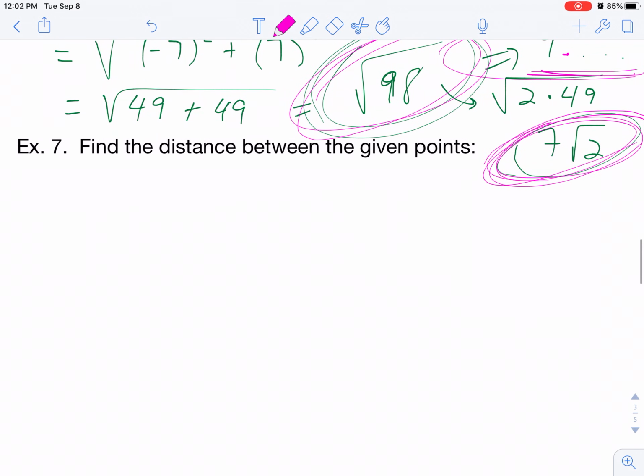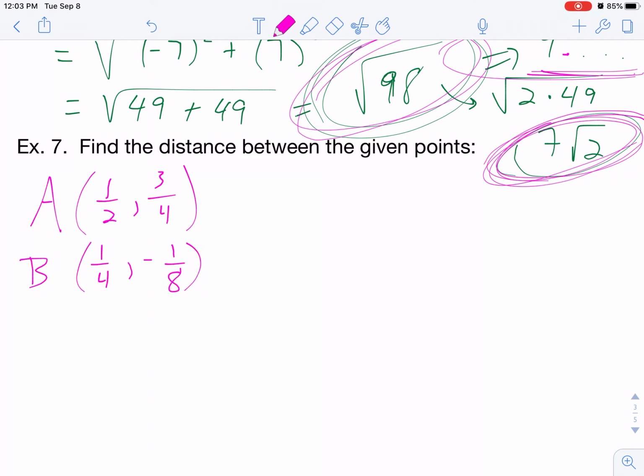All right, so here's one I didn't fill in the points. So let's say point A is (1/2, 3/4), and let's say point B is (1/4, -1/8). Because some of your assignment problems do have fractions in them, possibly. So the process is the same.